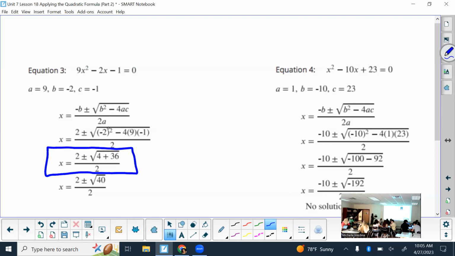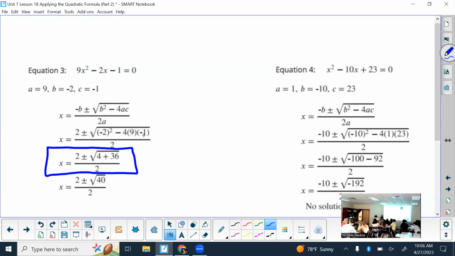Okay, so -2 squared is a +4. And then 4 times, or -4 times 9 is what? Class. -36. And then -36 times -1 is a +36. So I would say that they did that part right.